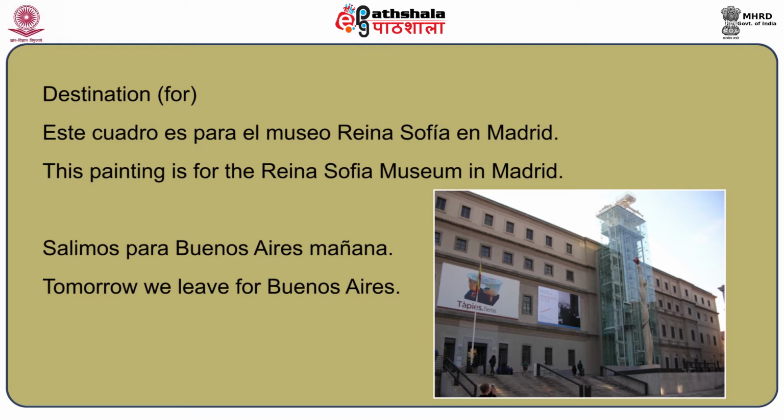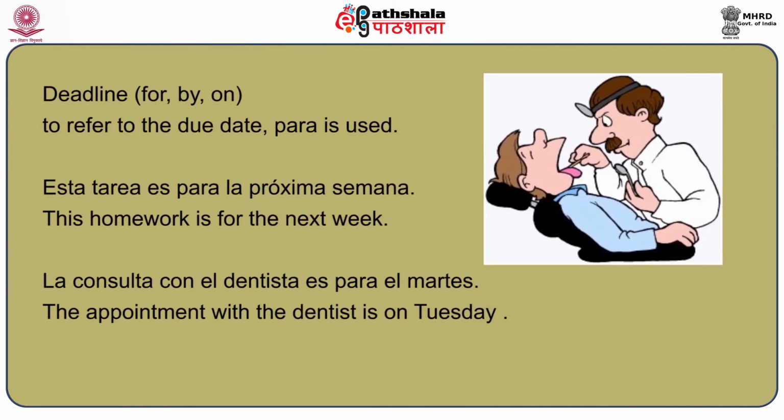Next example is, salimos para Buenos Aires mañana. The equivalent in English is, tomorrow we leave for Buenos Aires. For the purpose of deadline, para can be translated as for, by, on, and it refers to the due date.